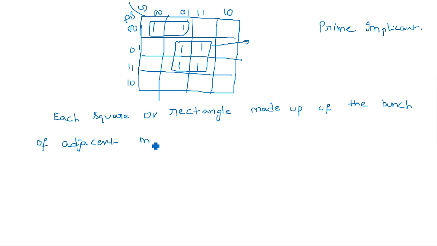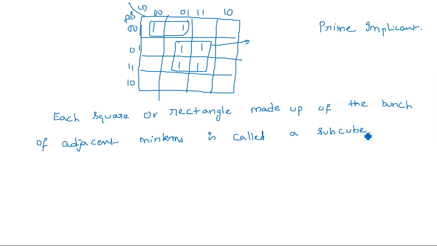Adjacent minterms is called a subcube. Suppose see here, it is the square. The mapping with four ones is in the shape of a square. The mapping with two ones is in the shape of a rectangle. That means it can either create a rectangle shape or it may be a square shape. So this particular part is nothing but a subcube.